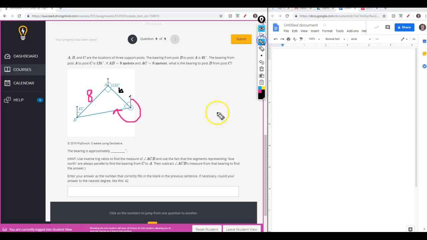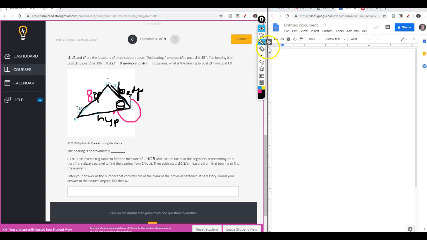So I'm just going to focus on this angle here first, because it's part of a right triangle. So if I want to find this angle, I'm going to label this triangle according to that angle. So the side directly across from it is going to be the opposite side length. The side across from the 90 degrees is the hypotenuse. And the side touching the angle but not the hypotenuse is the adjacent side length.